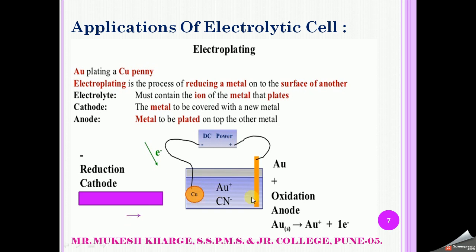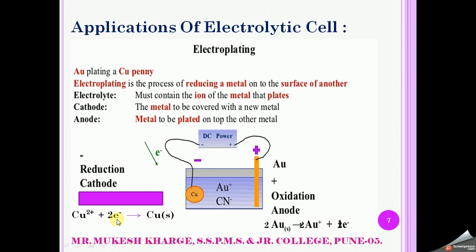Now the reaction at the anode: Au in solid state, that is metallic form, gets converted into Au 1 plus ion by loss of 1 electron. This 1 electron passes through the external circuit towards the other electrode, the cathode, where it is gained by Cu2 plus ion and it gets converted to Cu.